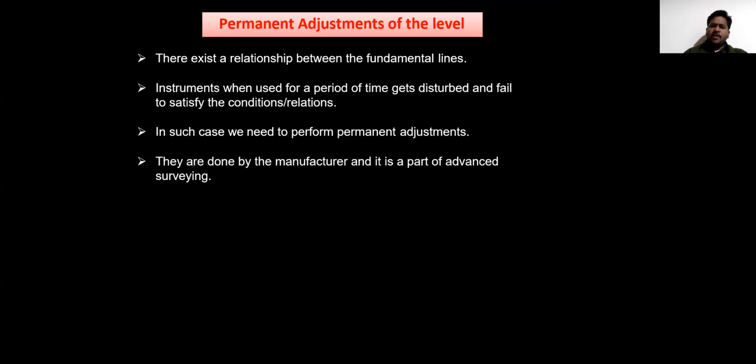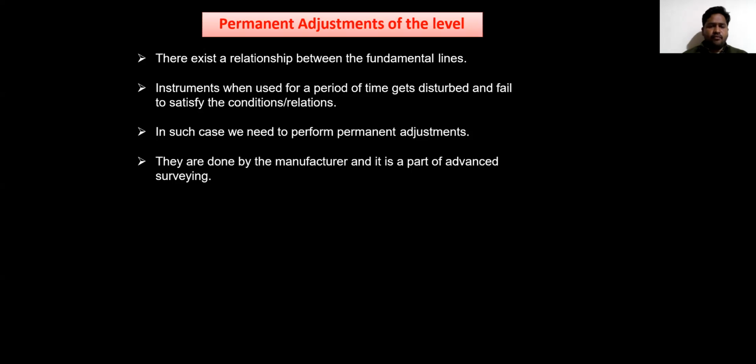See, these permanent adjustments we need not do all the time. Over a period of time, if you are continuously using the instrument, there is a chance of disturbing these permanent lines. Then we need to make these permanent adjustments.